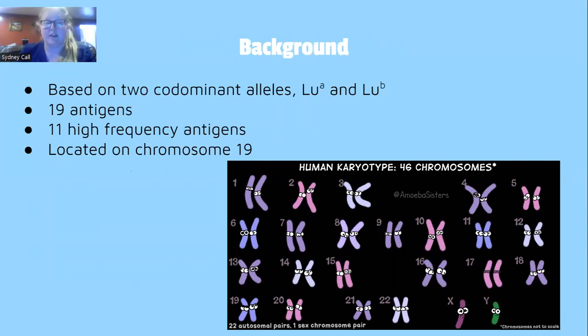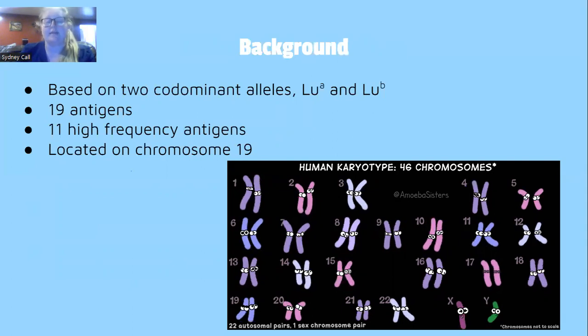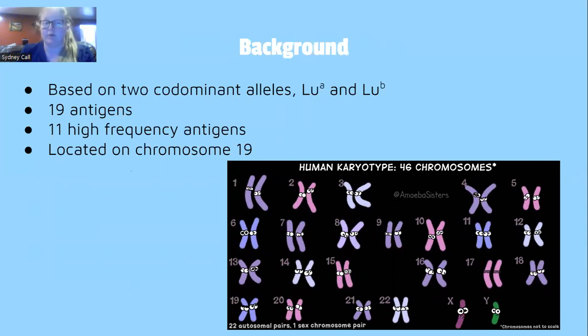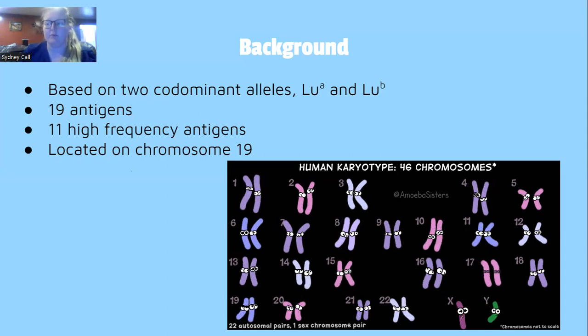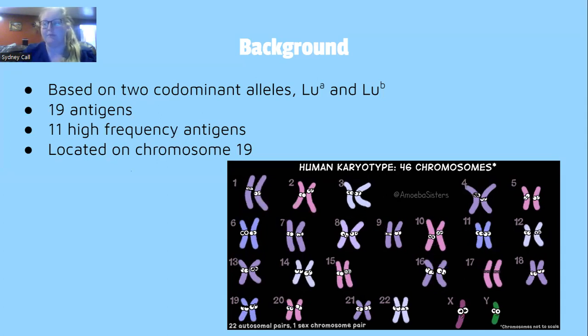Some places will say 18, some will say 20, but 19 for sure are known. There are 4 pairs of antithetical antigens and 11 high-frequency antigens. The antigens are located on 4 out of the 5 immunoglobulin domains of both isoforms of the Lutheran glycoprotein. All the Lutheran genes are located on chromosome 19.